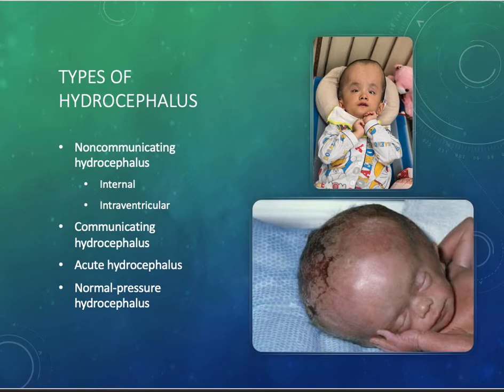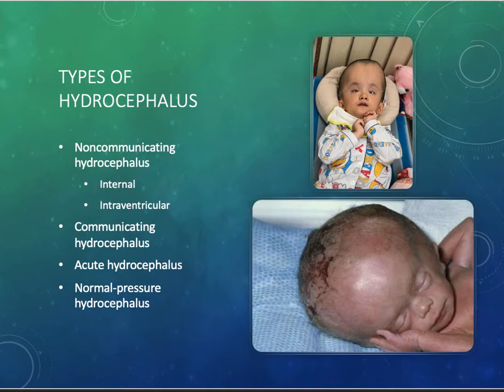So there are several different types of hydrocephalus. Non-communicating hydrocephalus is when the CSF flow is obstructed within the ventricular system, or the way it leaves to the arachnoid space. Okay, so you've got a blockage preventing the CSF in the ventricles from getting into your subarachnoid space.